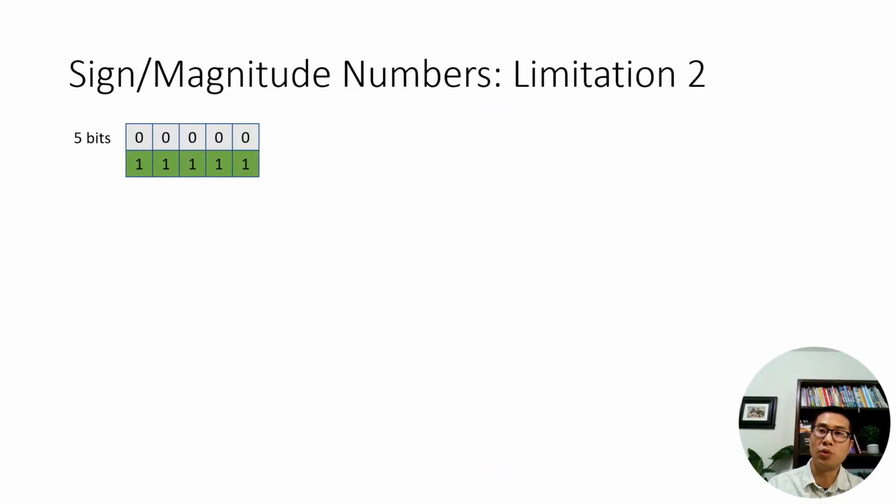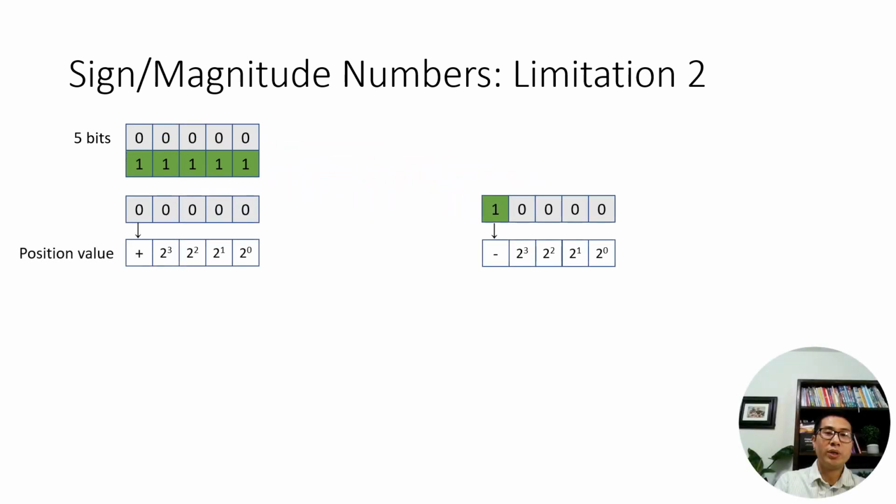We'll have another limitation, also in a 5-bit system, and we're going to test with these two bit sequences. This one starts with 0, so it indicates positive, and the rest are position values. This one starts with 1, and it's going to be negative, and we have other position values here as well.